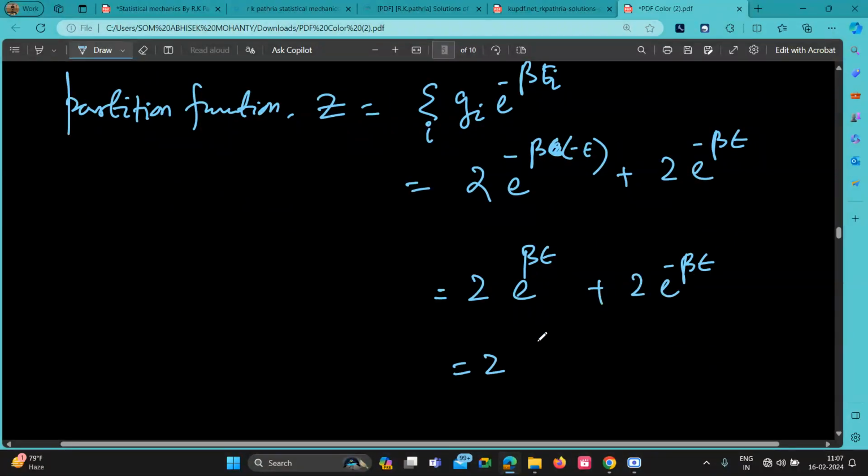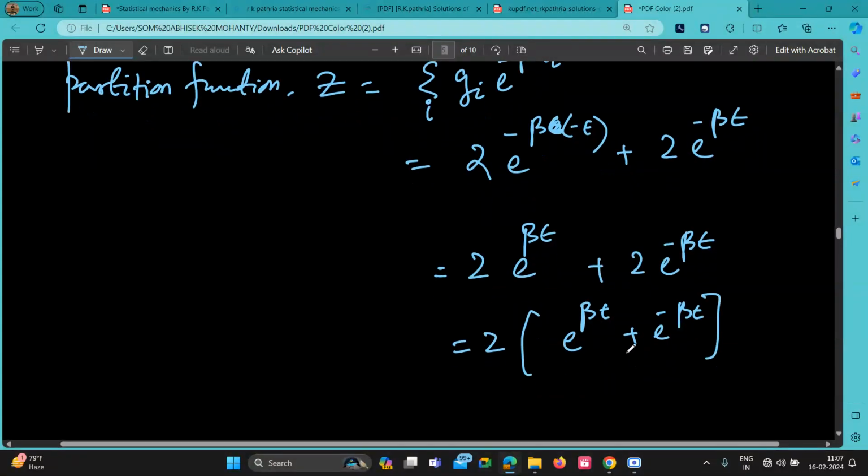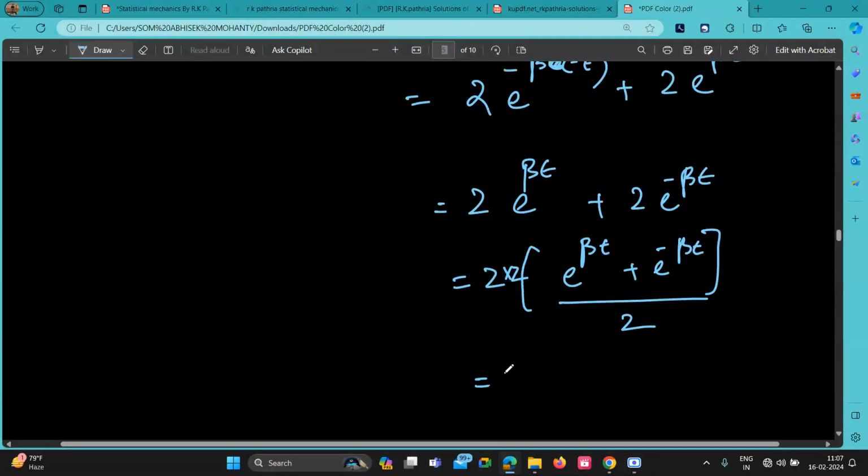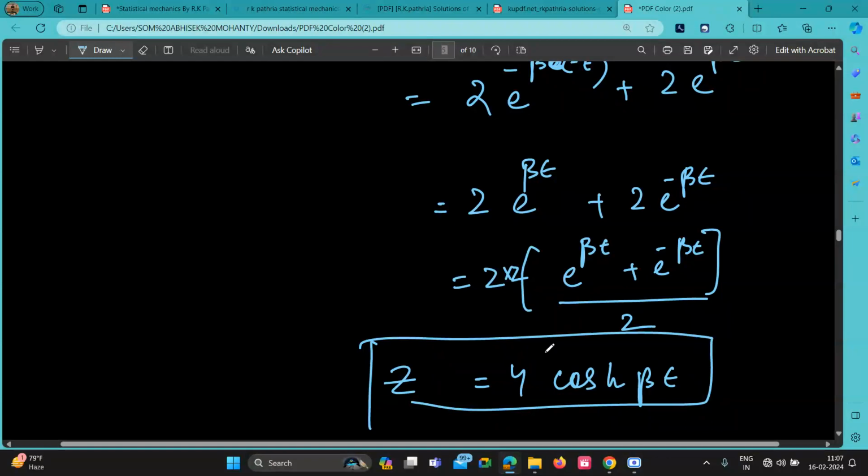If you take the 2 common, e to the power beta epsilon plus e to the power minus beta epsilon, and if you divide by 2 and multiply by 2, this is actually 2 times cosh of beta epsilon. Okay, so this is your partition function. Is it alright?